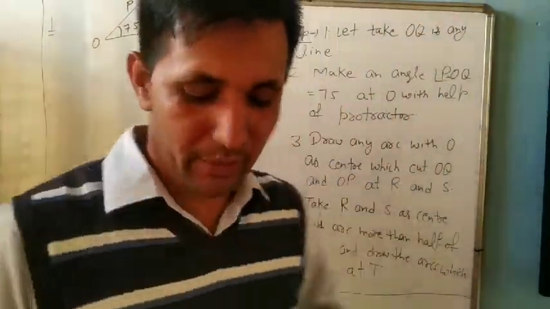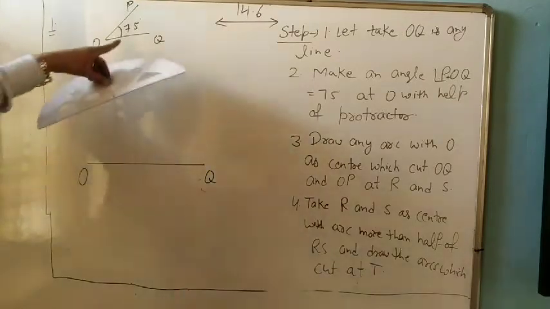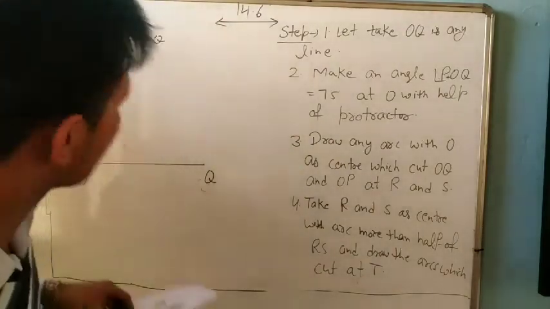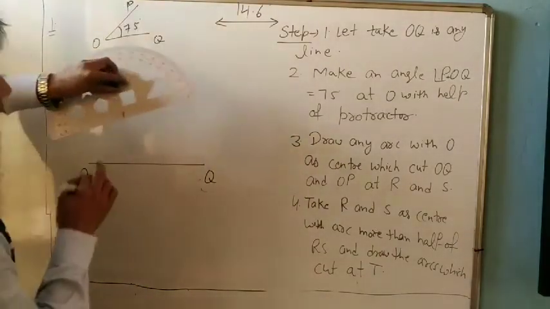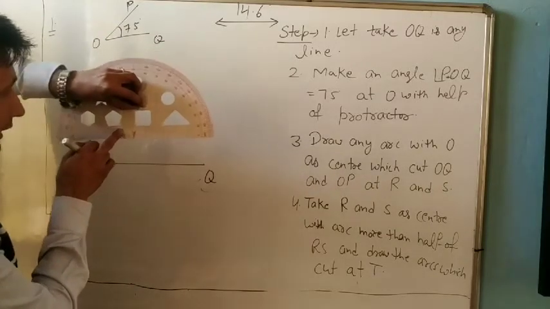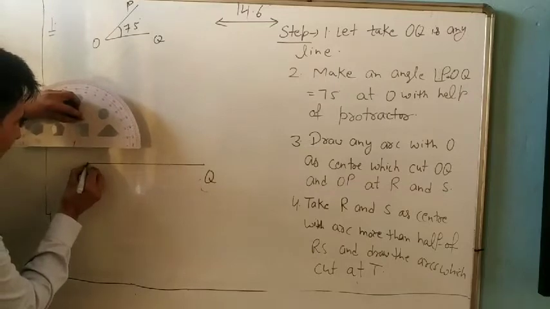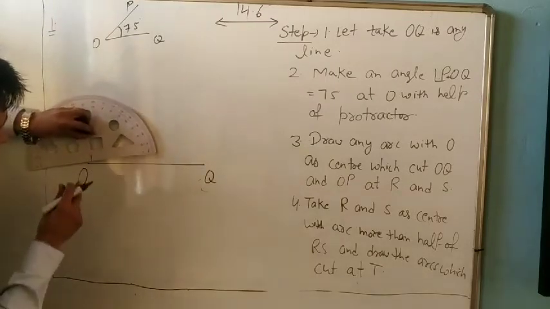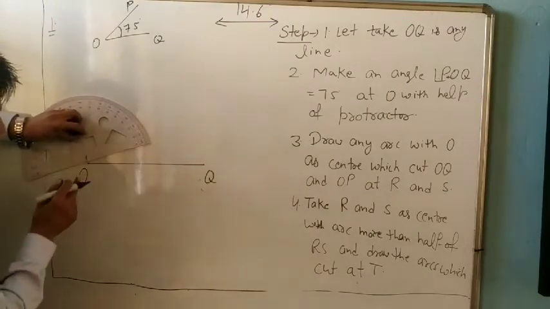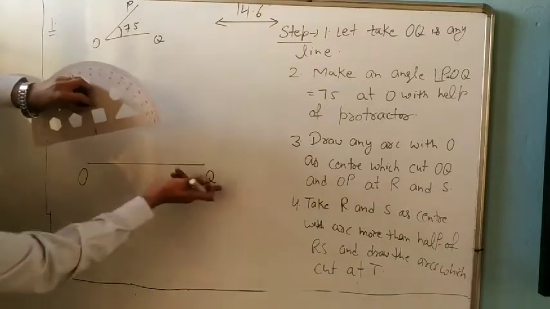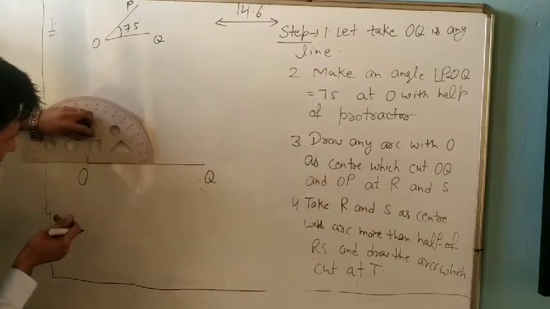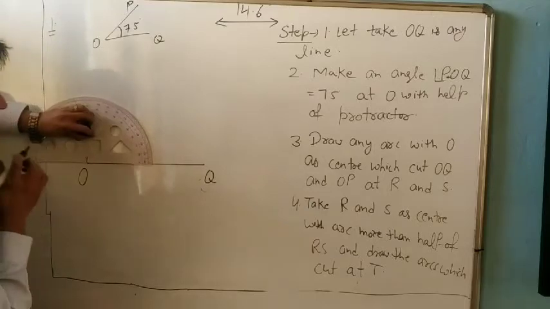Whenever we want to make 75 degrees with the protractor, the middle of the protractor is always put at the starting point. And this line, don't put it like this. Always keep this line along the line. Okay, it is along. Now 75.